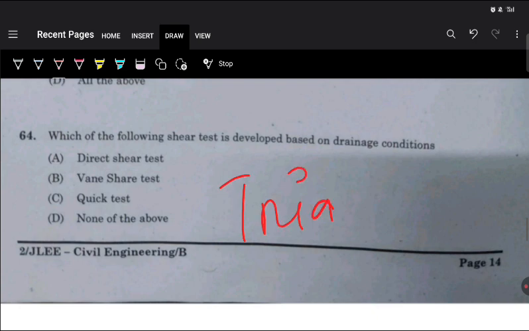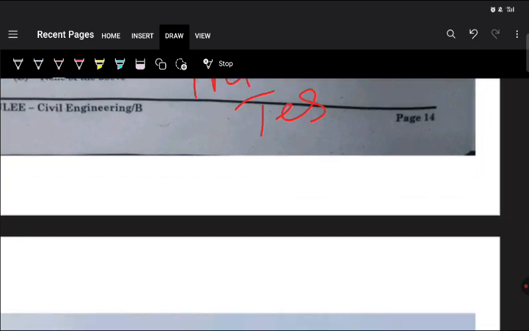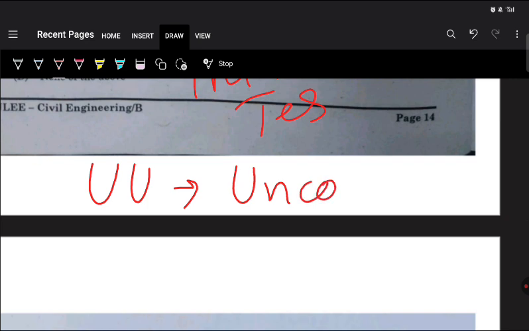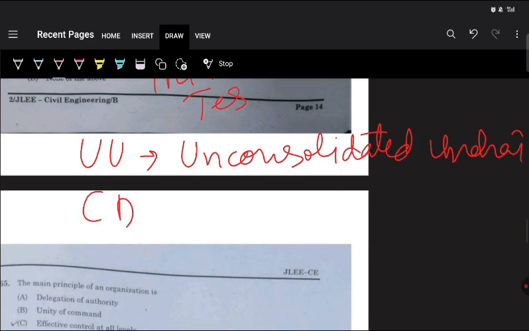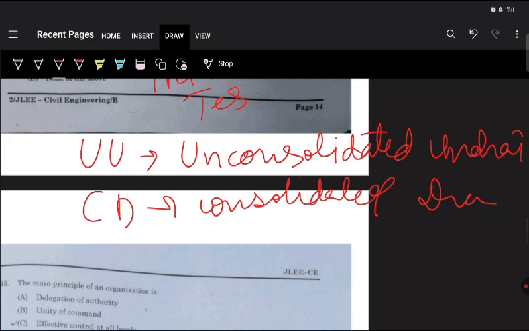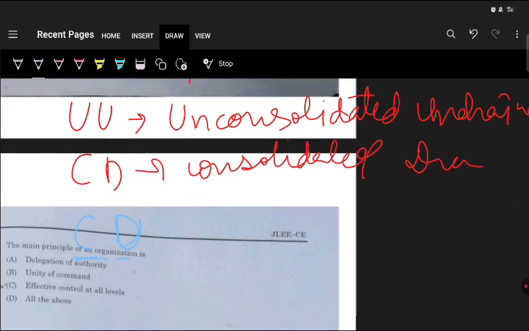Based on drainage condition, there are three types of triaxial test: UU, unconsolidated undrained test, CD, consolidated drained test, and another one, consolidated undrained test.